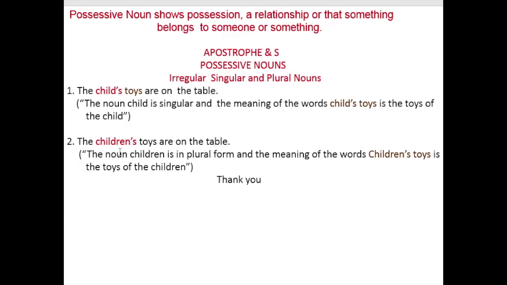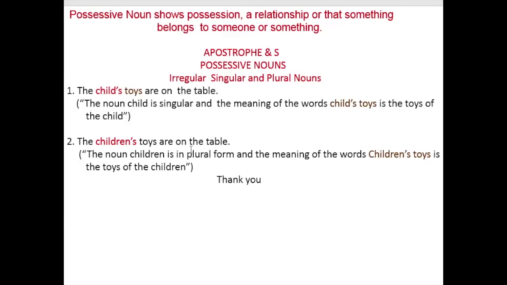Child is singular, children is plural. So this is an irregular type of noun. The children's toys are on the table.